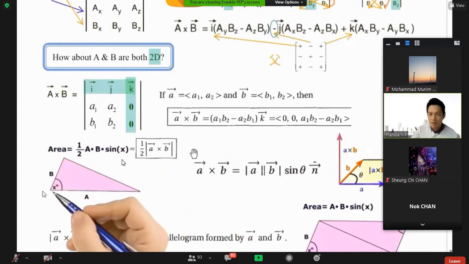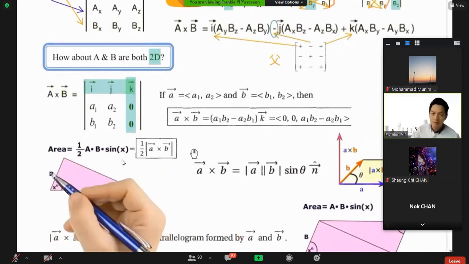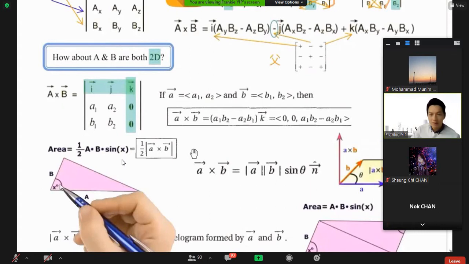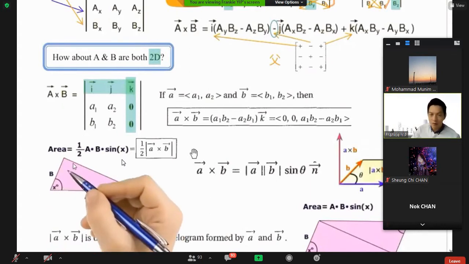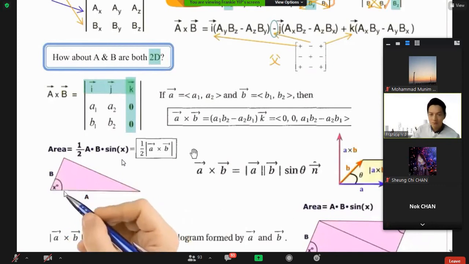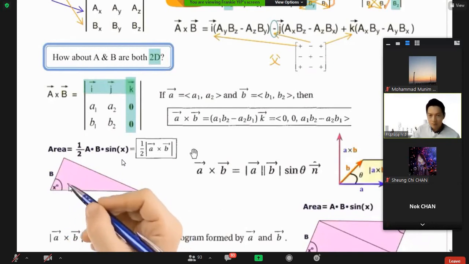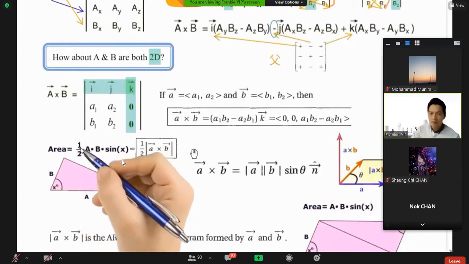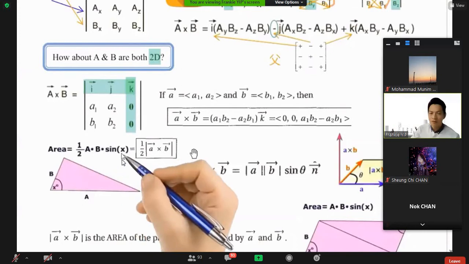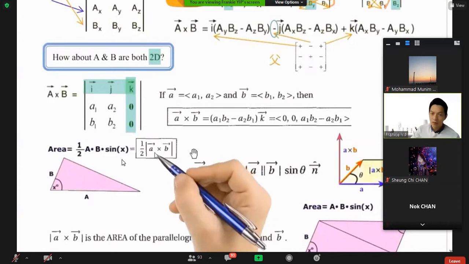It is equal to half AB, side times side times the sine of the angle between them. So if I extract the 1/2 out, AB sine theta is equal to A cross B.